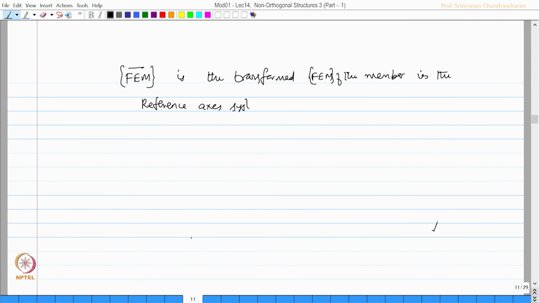How to get this? We already gave this equation. Let us once again write the equation, there is no problem. FEM in the global of the ith member will be given by T transpose of the ith member of FEM of local. So, I can get FEM bar now.